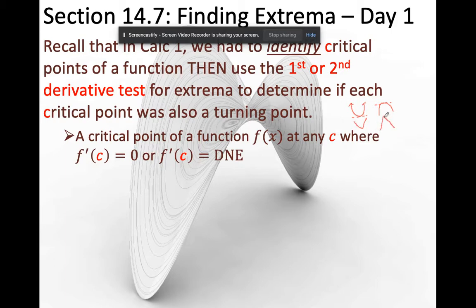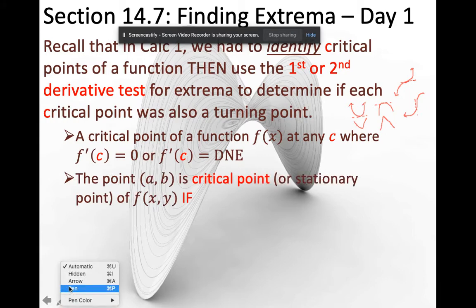But you could also have a horizontal tangent where you did not have a turning point. Or you could have a derivative not exist and not have a turning point.